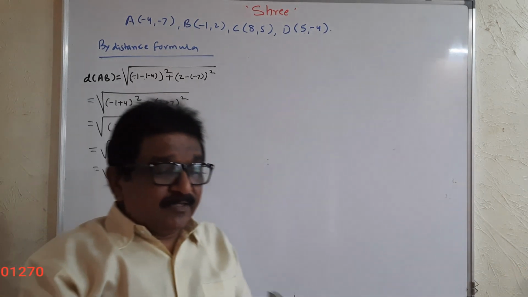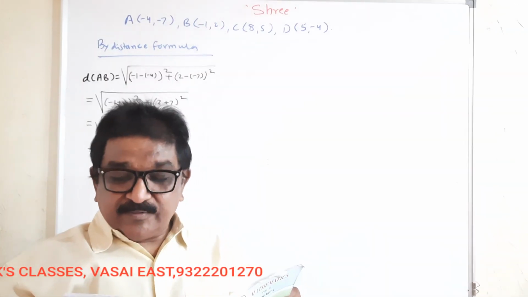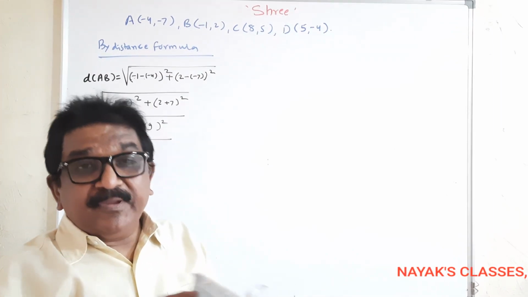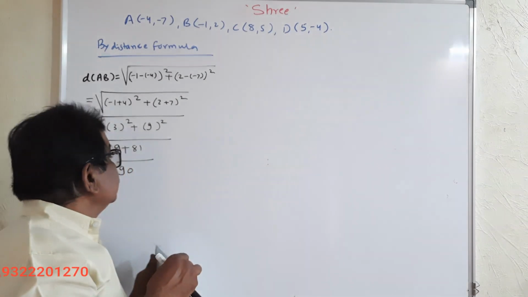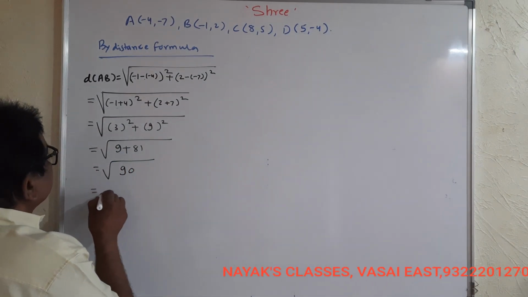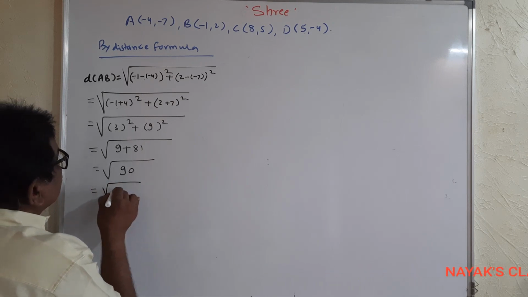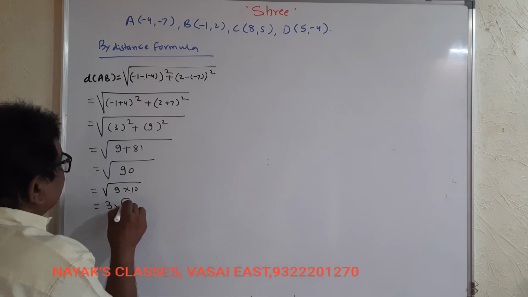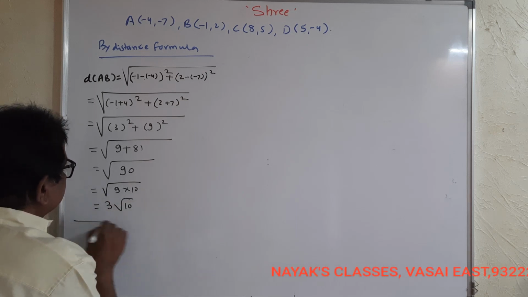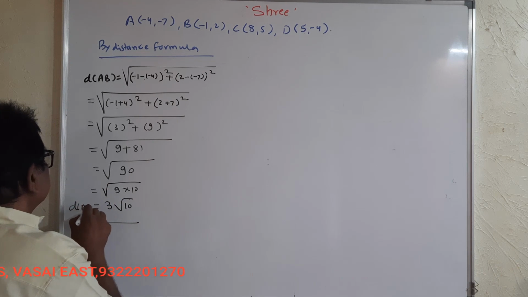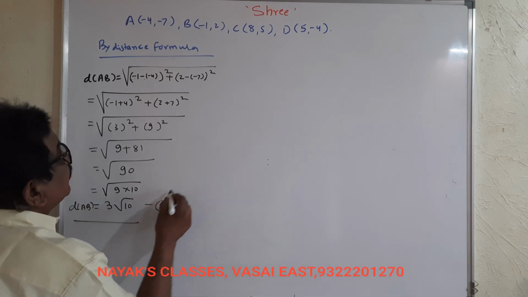This is example number 6. Make it star. So it will be under root 9 into 10, which is equal to 3 root 10. Distance AB. So statement number 1.